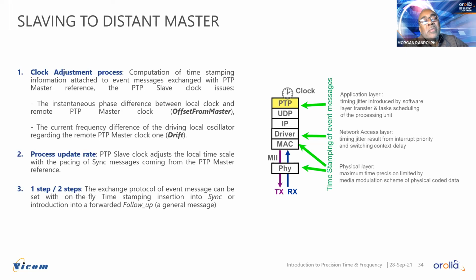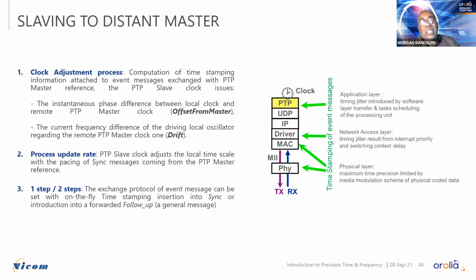You've got the current frequency difference of the driving local oscillator regarding the remote PTP master clock. You've got the process update rate. The slave adjusts to the local time scale with the pacing of sync messages coming from the PTP master reference.